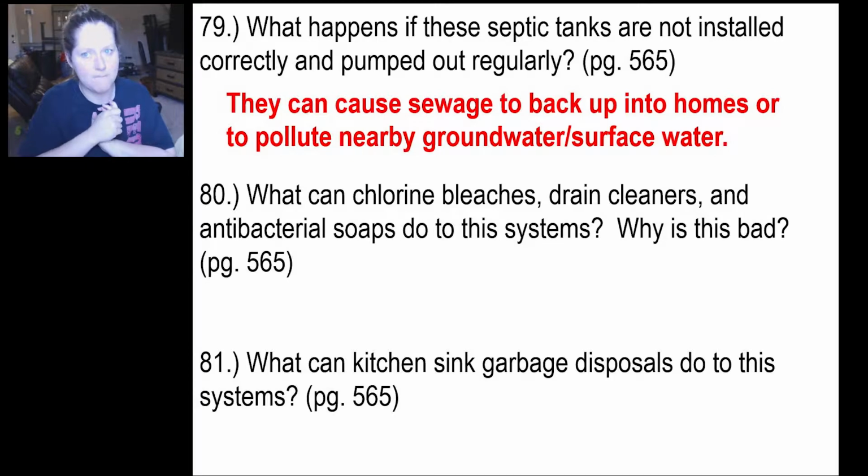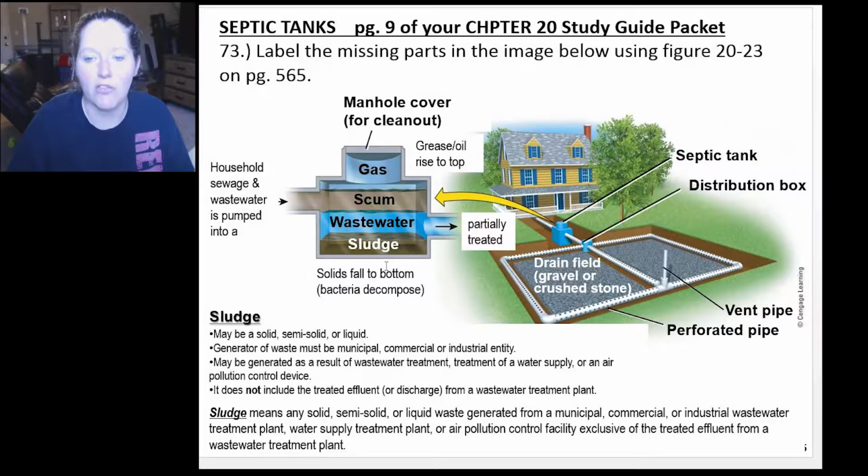The problem with that is, who lives in them? If we remember, down here we talked about sludge. Who's going to decompose that sludge is going to be things like bacteria. And bacteria out here too is going to be able to decompose stuff as well. But what happens if you put drain cleaners and chlorine and other things down your pipes is that you're going to kill off that bacteria, so they're not going to be able to get rid of this stuff as well.